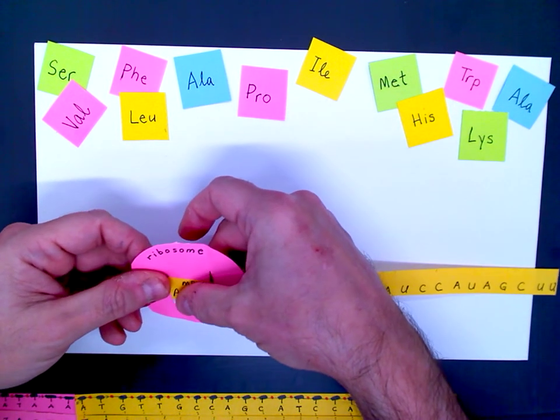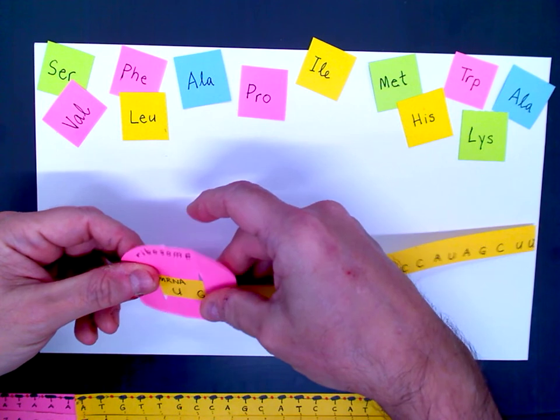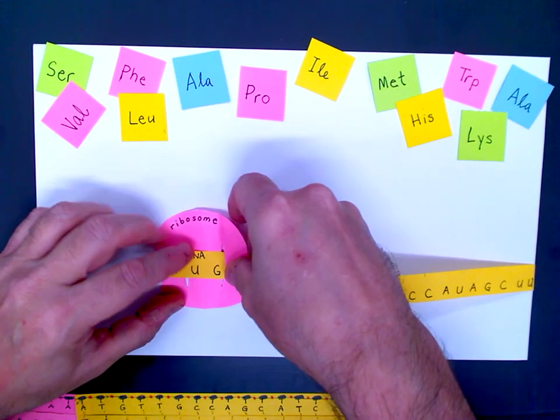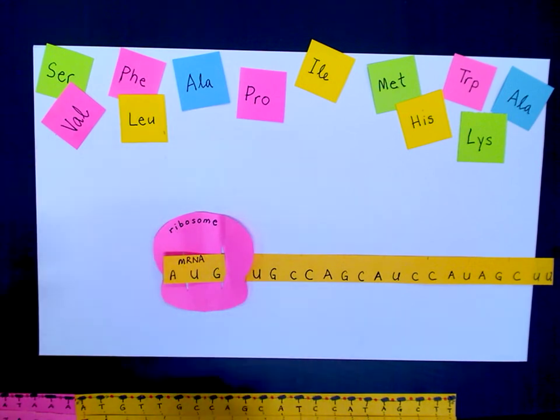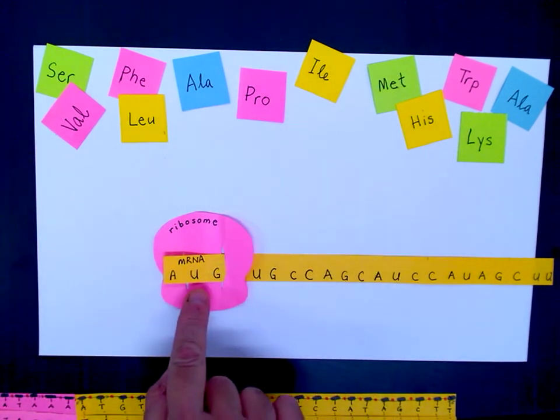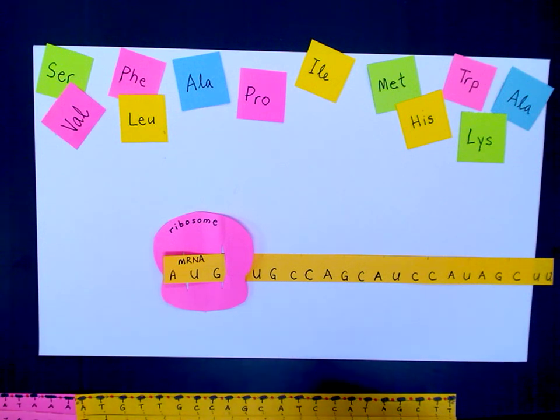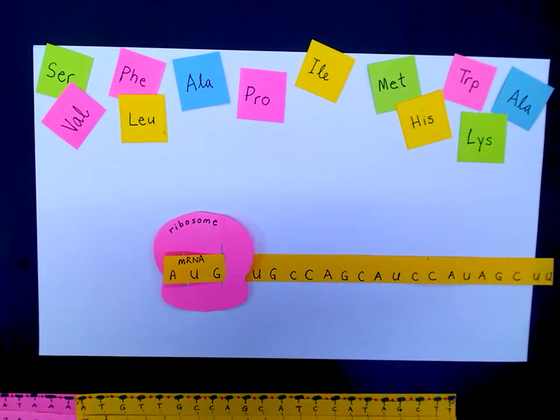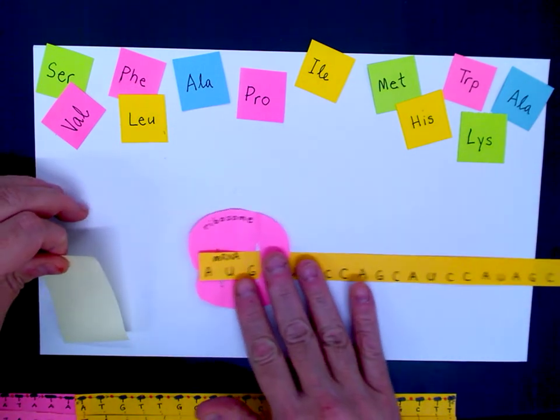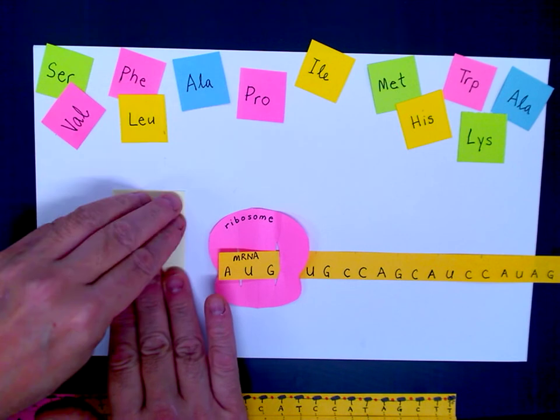Here's our first triplet, AUG. Now, there has to be a way of delivering these to this, right? And that way, or that structure, is something called a transfer RNA. So I'm going to tell you a bit about transfer RNA before we dive into this.